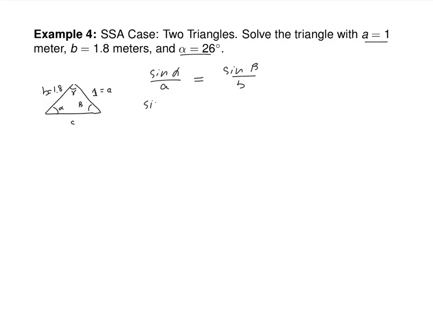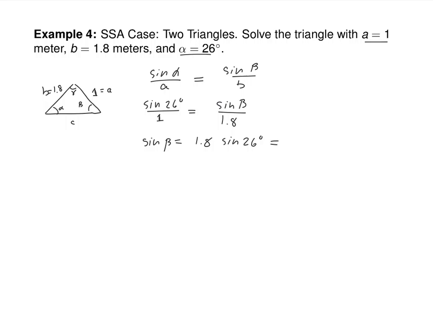Okay, so we have sine of 26 degrees over 1 equals sine of beta over 1.8. So sine of beta is 1.8 times sine of 26.